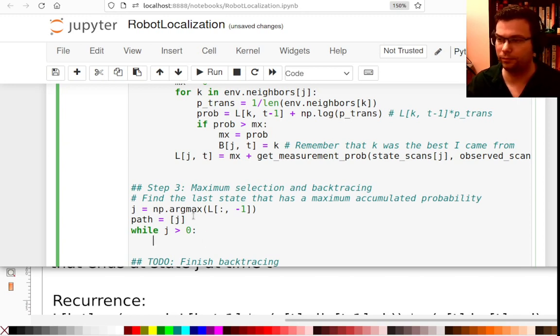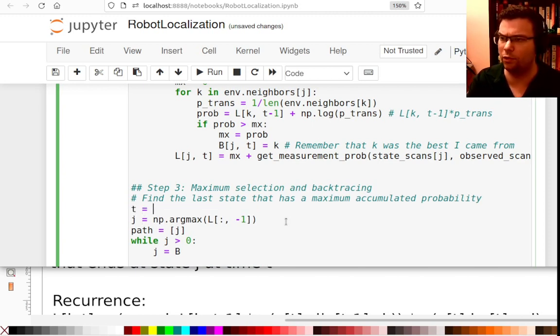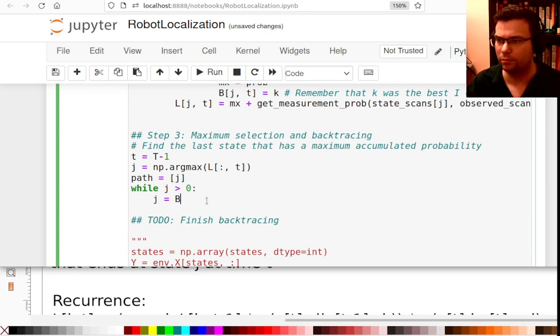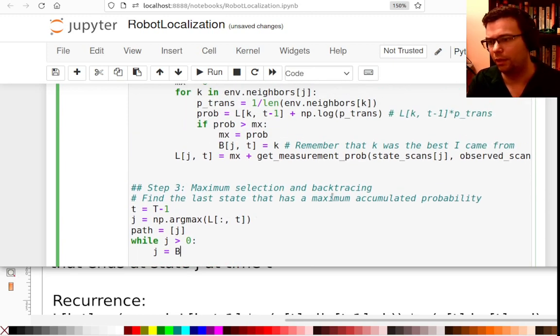I'll say J is equal to B. Oh, and I should also keep track of what time I'm at here. So actually, maybe I'll make the time start off at the end, so that'd be t minus 1. So take the one that is max at the last time, and then I will follow that back. So I'll say, okay, what was the best that I did to get here?